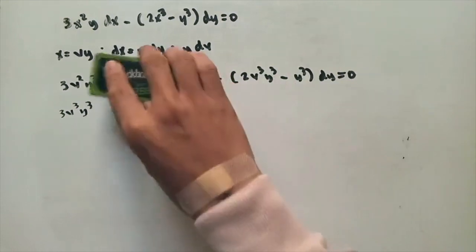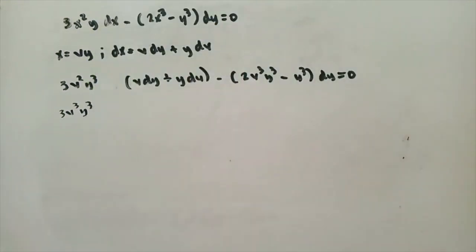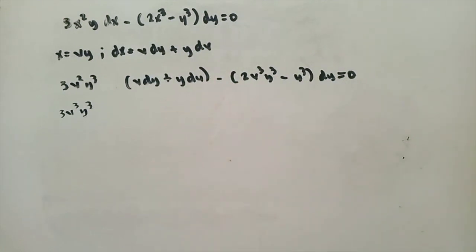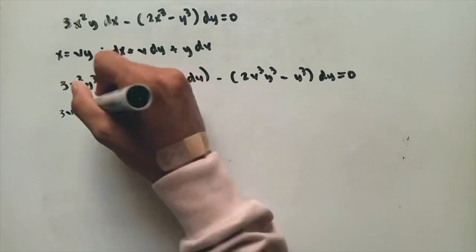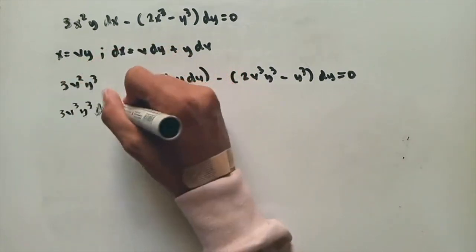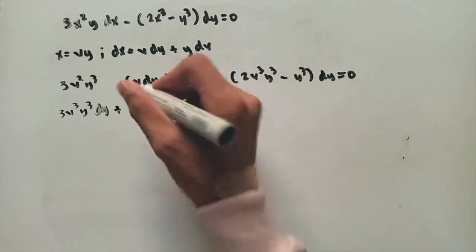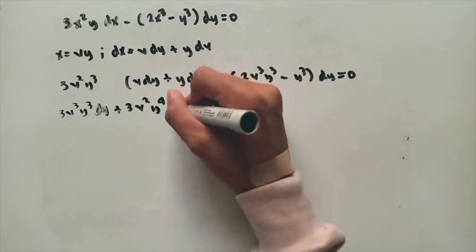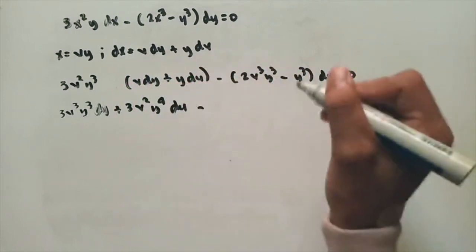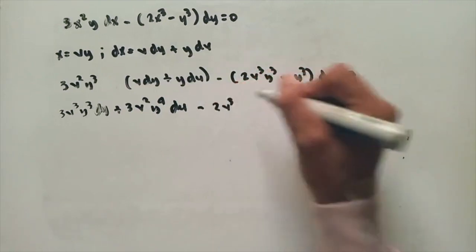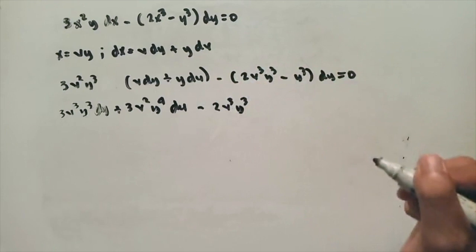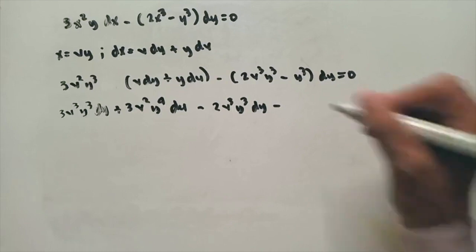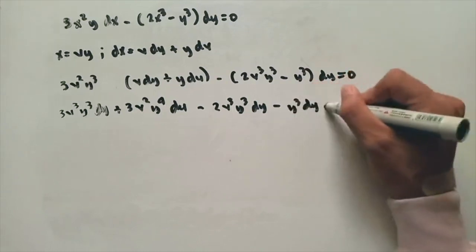Oops, I'm sorry. There is no dx here because dx is equal to v dy plus y dv. So hence this will become dy, then plus 3v squared y raised to the 4th power dv, minus 2v cubed y cubed dy, minus y cubed dy equal to 0.